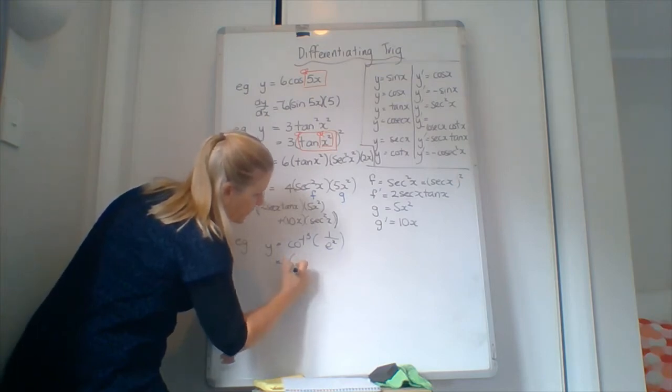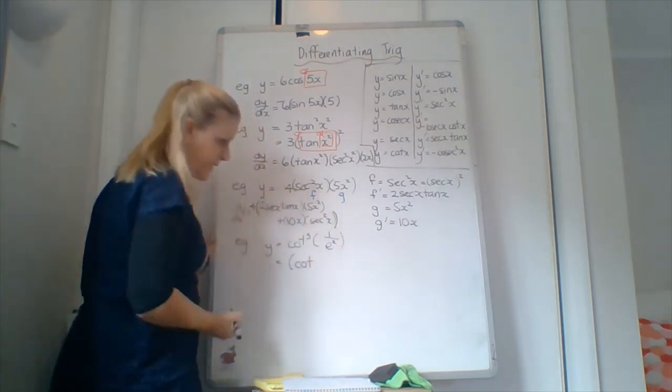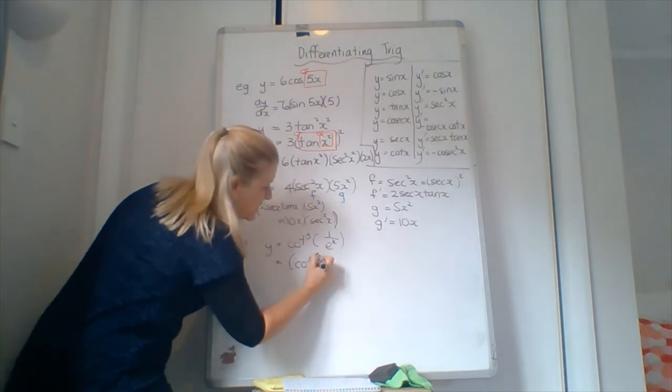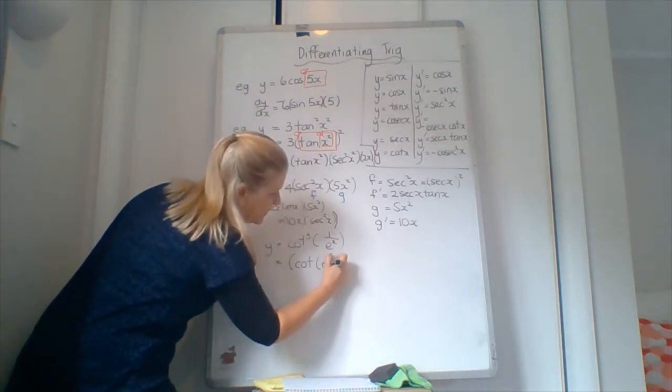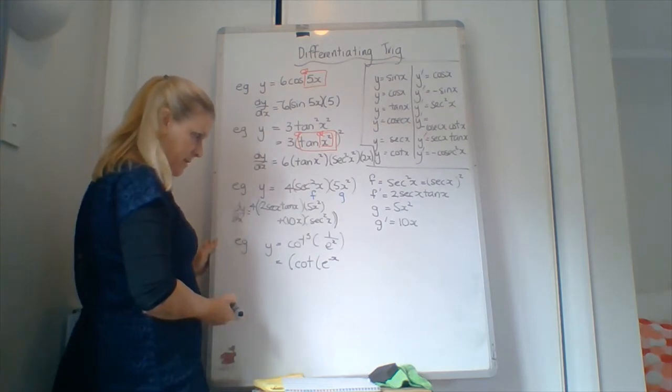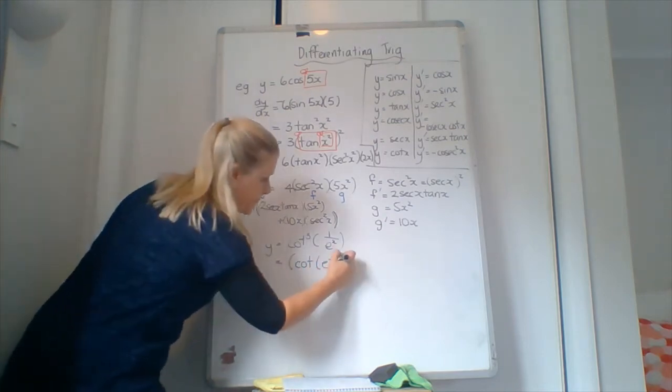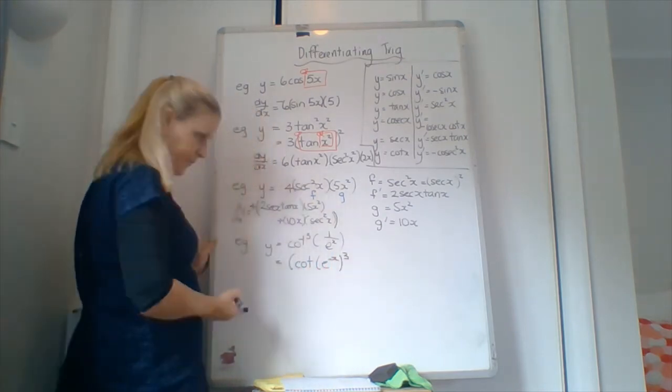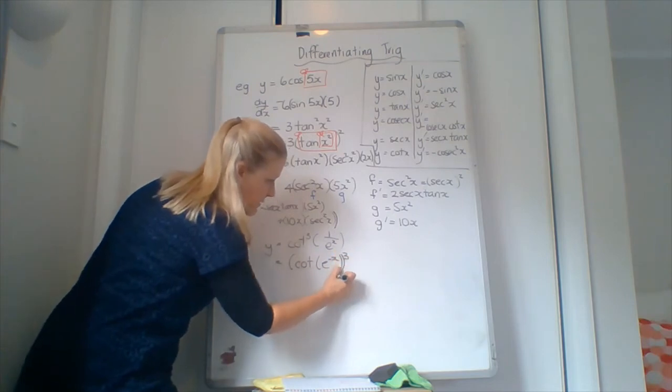This one here needs to be written as well. So we've got cot of. If we rewrite this with a positive power, it's e to the negative x, cubed, 2 brackets.